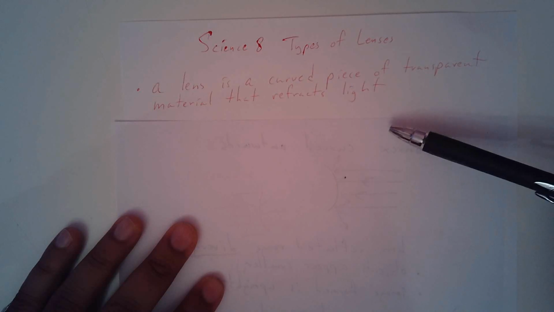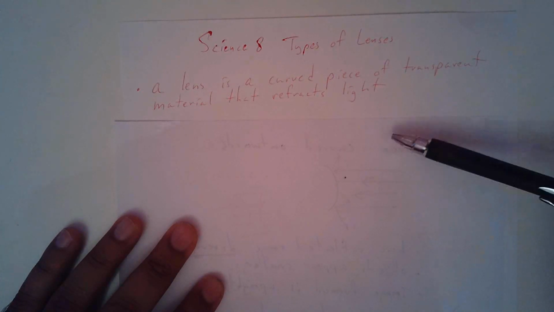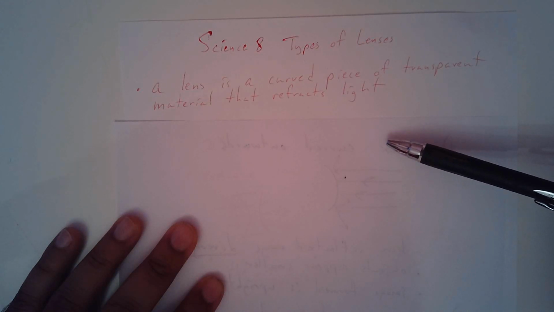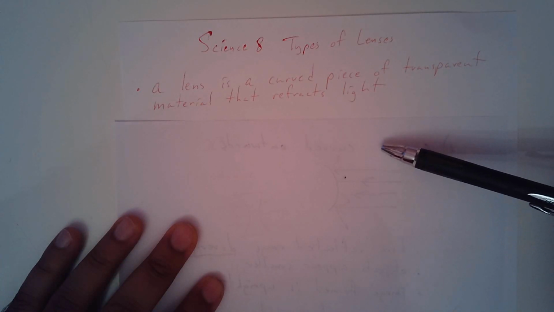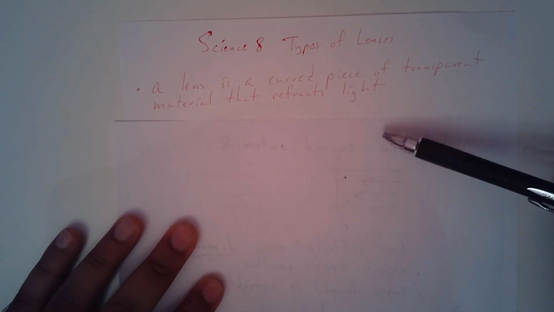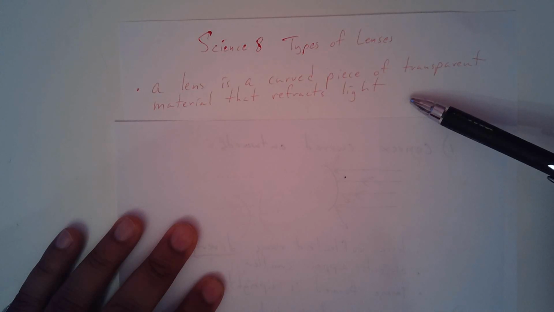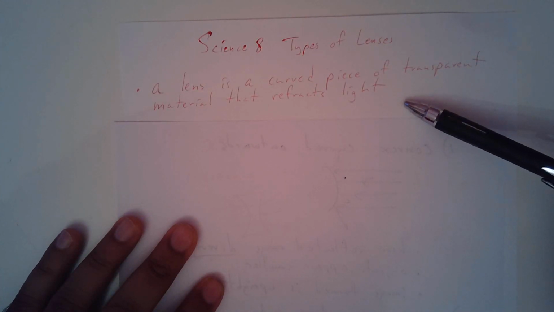Translucent means the light is able to go through, but you have a scattering effect, which alters the way the light comes out on the other side. That would be something like wax paper. Say you had red wax paper, the light would hit it and come out red on the other side. Transparent means the light's able to go through completely, like a window.